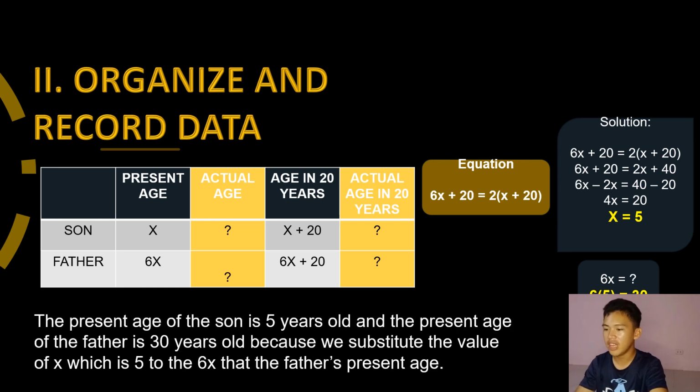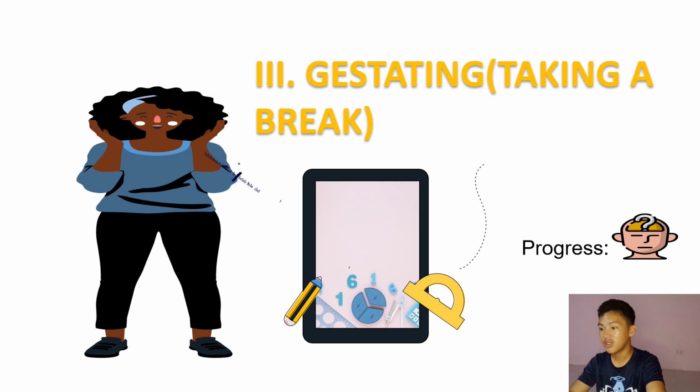So the present age of the son is 5 years old, and the present age of the father is 30 years old, because we substitute the value of x, which is 5, into the 6x, the father's present age. Do you get what I said? Yes. Thank you so much for listening.